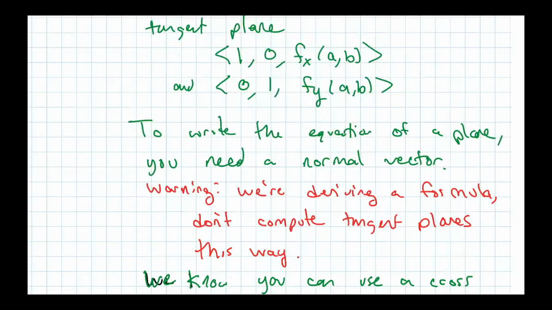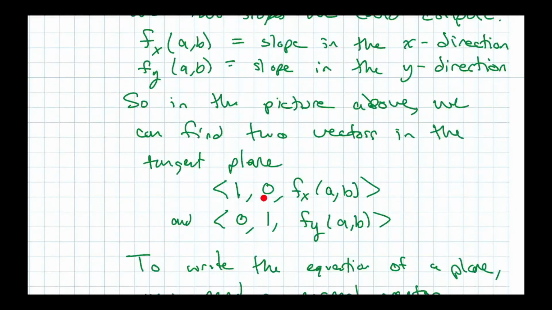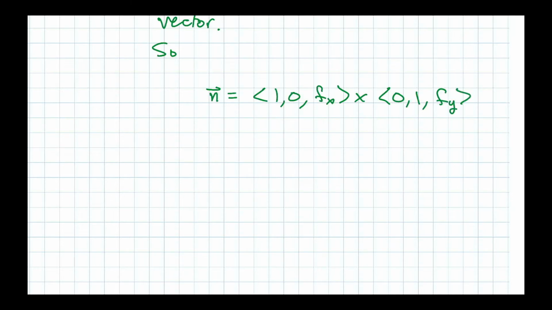Right? And as long as you have two vectors in the plane, which we do, our normal vector is going to be those two vectors cross product with each other. So one was 1, 0, fx. I'm just going to write fx instead of fx at (a, b). And then cross 0, 1, fy. And that's how we're going to get our normal vector.